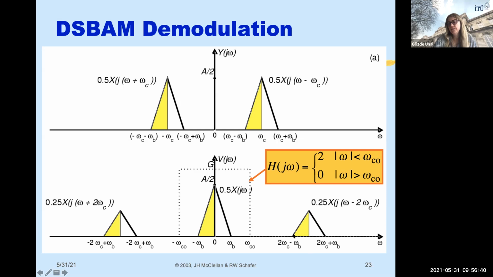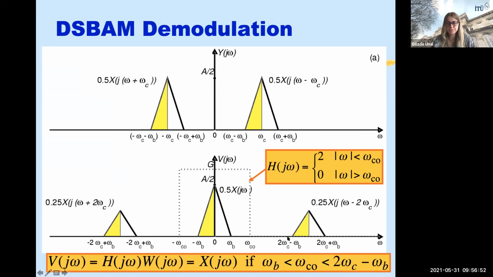The left-hand side of this high frequency shifted spectrum gives me the upper constraint. So the cutoff frequency should be greater than ωb and less than 2ωc minus ωb. You design a low pass filter in your demodulator system in this way.